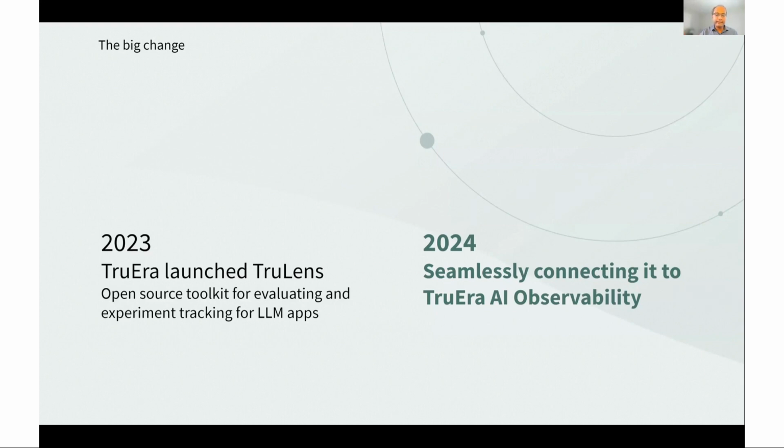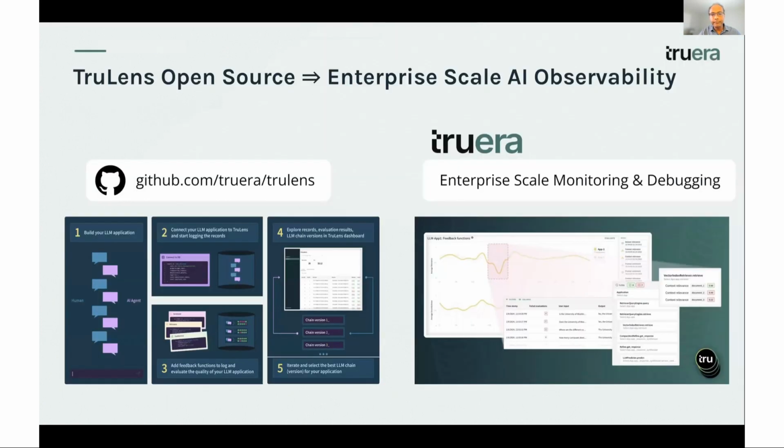And it's seamlessly connected to TruLens, meaning that if you started off working with TruLens, you can, with one line of code, start connecting to the full commercial offering, which comes with additional elements of scale, security, governance, and so on. So these are the two resources that I'll point you to.